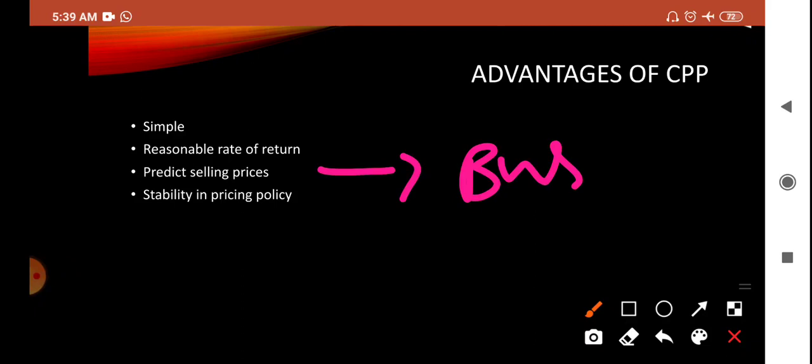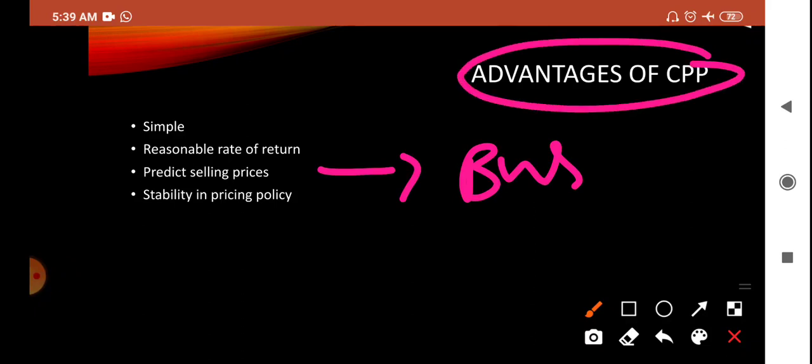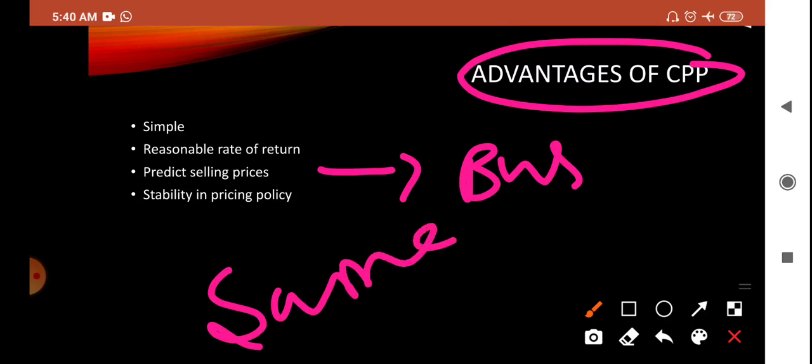So see, if our competitor is doing the same business, and he has opted for the same cost structure, that is cost plus pricing only, then we can easily predict the prices of our competitor, because he is in the same business, making the same products which we are making. So we will have an experience of all the costs, because we will also be in that field for so many years.